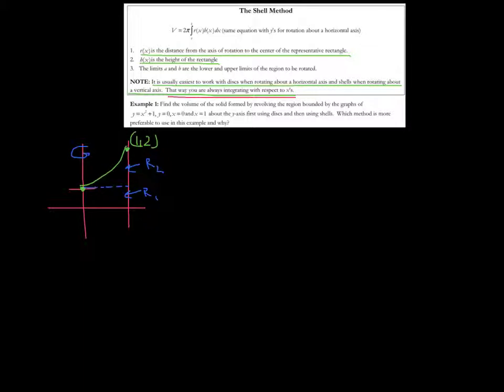If we put our representative rectangle right here, and we're trying to rotate it around the y-axis using the washer method, then you can see that this representative rectangle is not going to work for region 1. Region 1's rectangle is going to look like this. And so we have to break this up into 2 different regions.